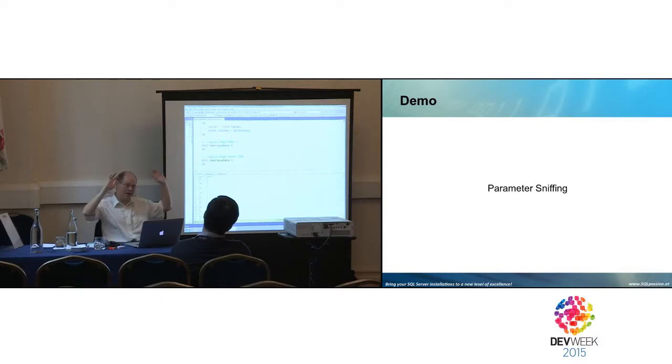Means normally plan caching is a very, very good thing in SQL Server, because you don't need to compile every time for a query a new execution plan, because compiling an execution plan takes some time and takes some memory.